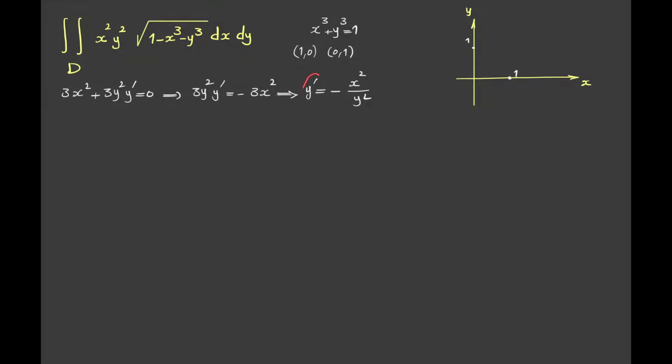So it means the derivative of function y is always negative, so the function is always decreasing. And it is also supposed to pass through these points. On the other hand, if I put the coordinates of this point, say 0 and 1, in this derivative, the numerator becomes 0, the denominator becomes 1, so the derivative becomes 0.